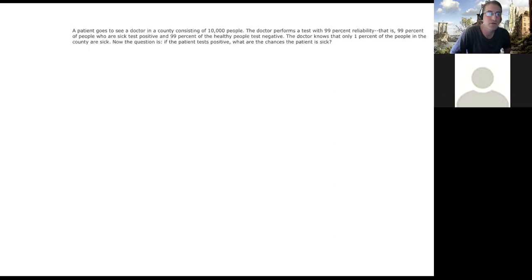That is, 99% of the people who are sick test positive and 99% of the healthy people test negative. The doctor knows that only 1% of the people in the county are sick. Now the question is, if the patient tests positive, what are the chances that the patient is sick? Okay, so let's get started with that.